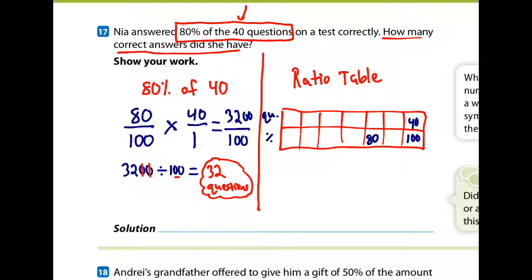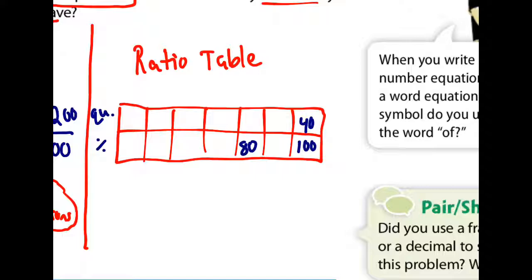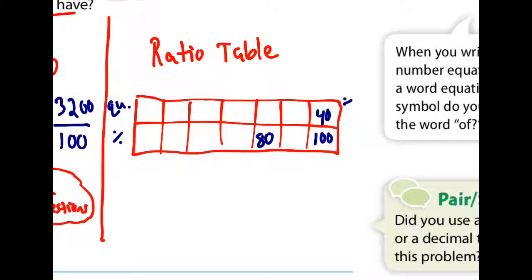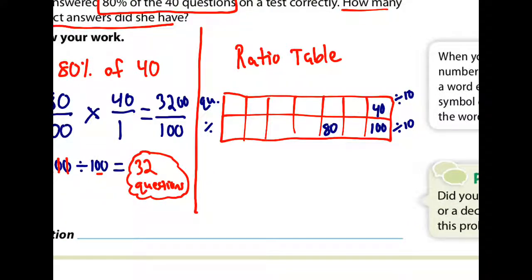Okay, well, going from 100 to 80 isn't quite so easy, but I can find an equivalent ratio. So maybe I know if I divide 40 and 100 by 10. So divide by 10, divide by 10, I can get 4 out of 10.